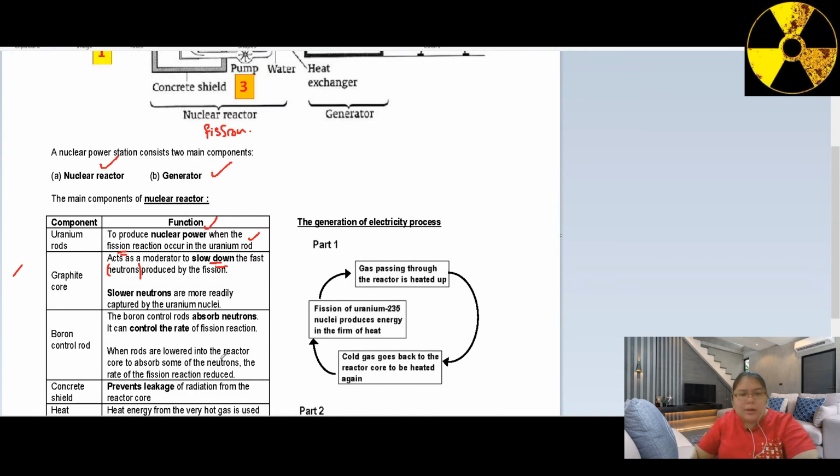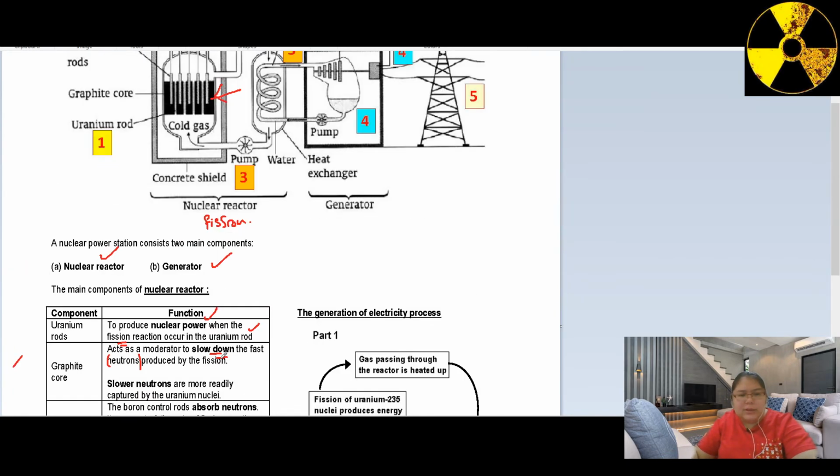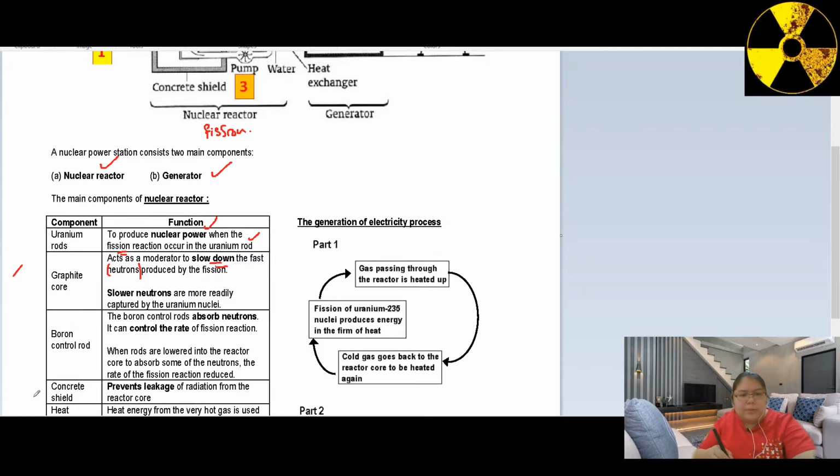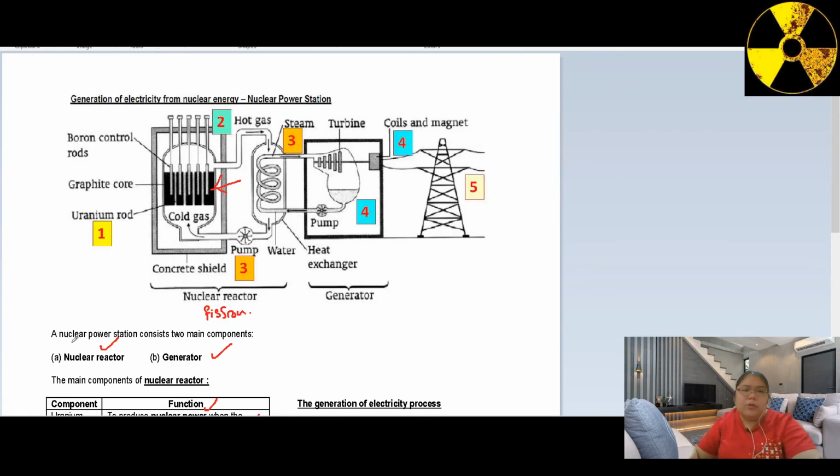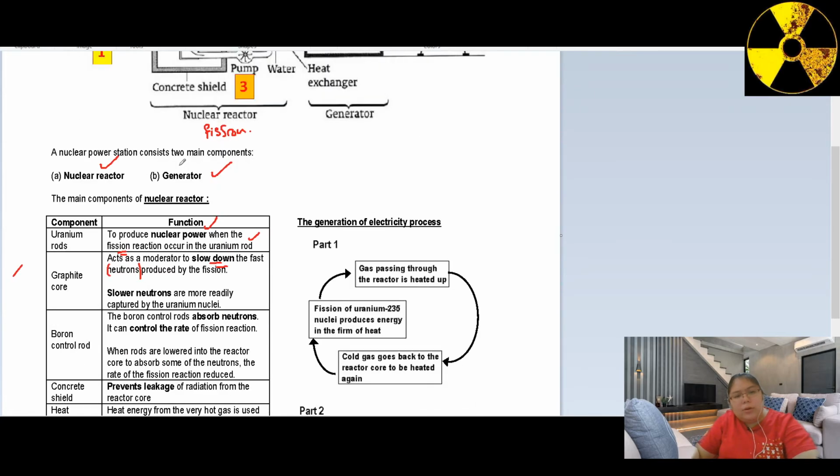From here we're going to see the next one, boron. Boron control rod. Let's see the diagram. The boron, this part. Boron control rod absorbs the neutron. Just now the graphite slowed down the neutron. So if still cannot slow down, finally the boron needs to absorb.